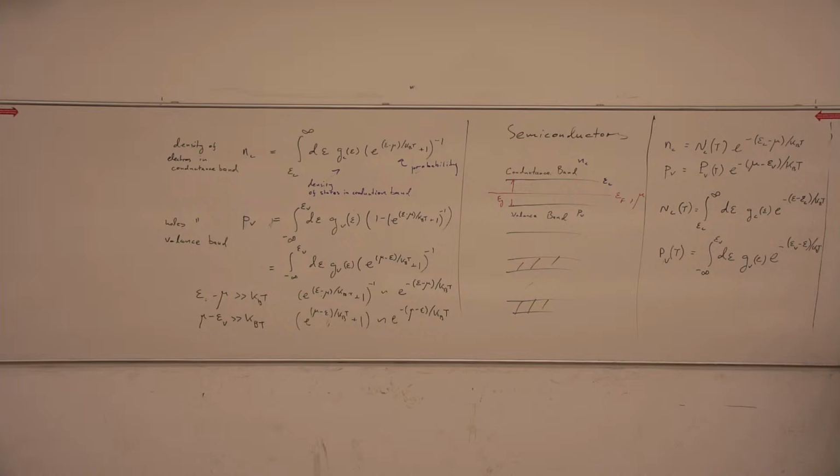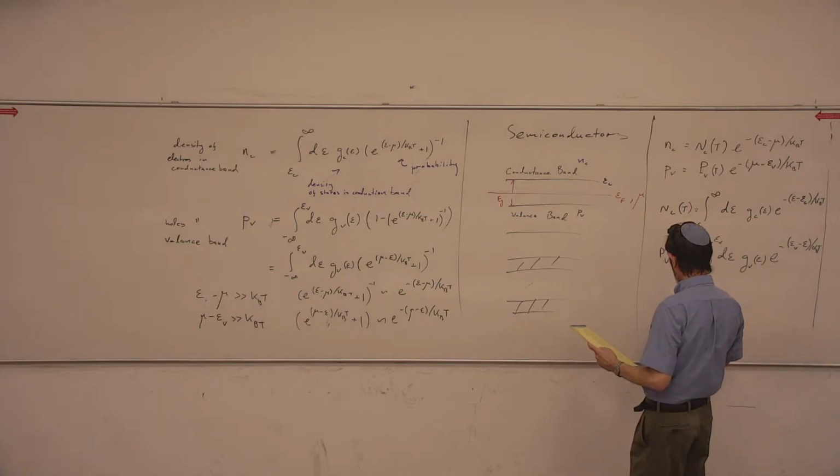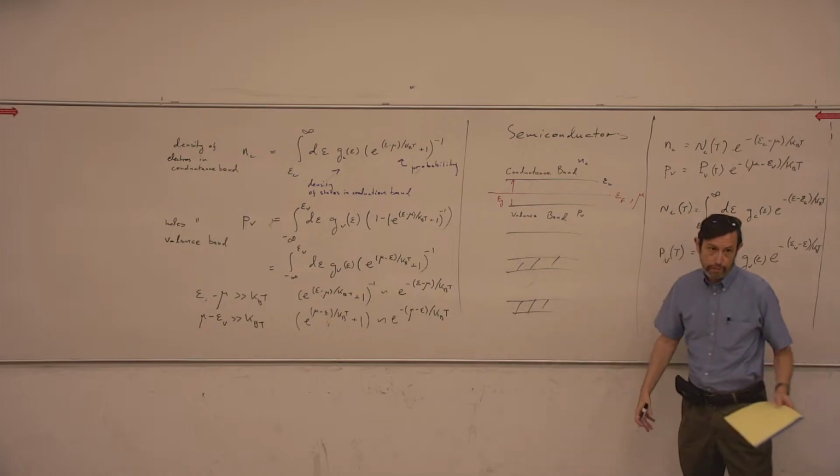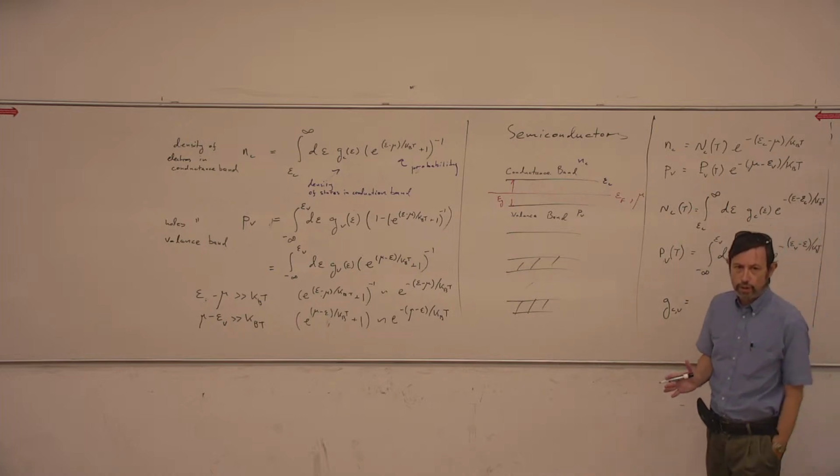No dependence on mu. Now, if I take the definition of a typical density of states of a material, what did we learn in the previous lecture?